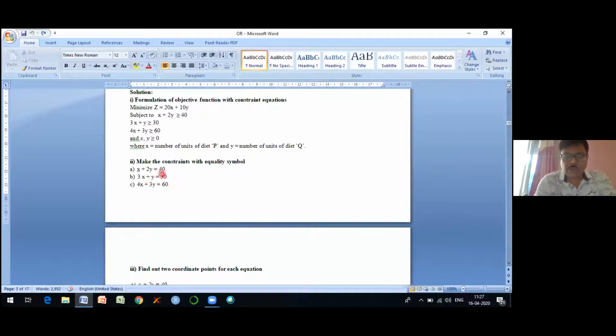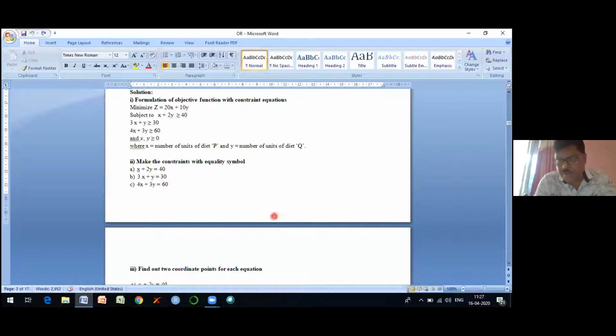First of all, we have to make them equal. All these equations will be equal, right? Otherwise, we cannot solve the equations. That's why the equality sign has been given.